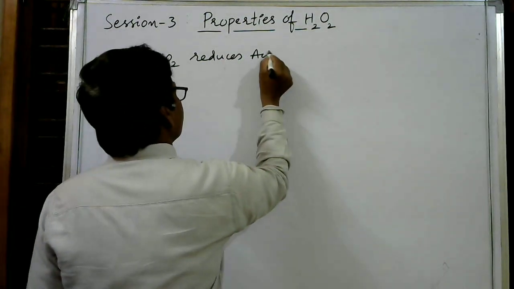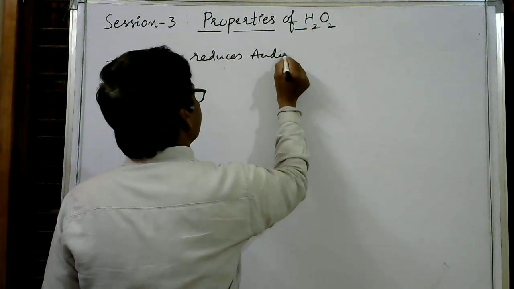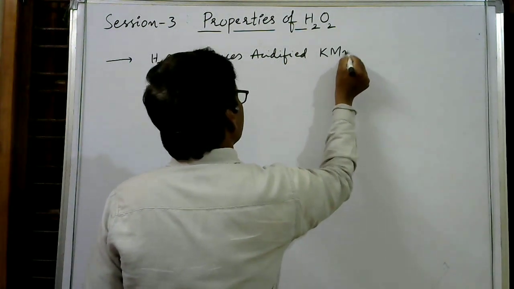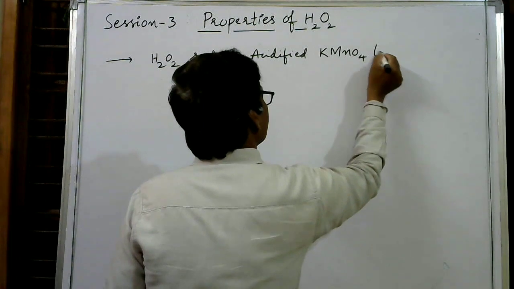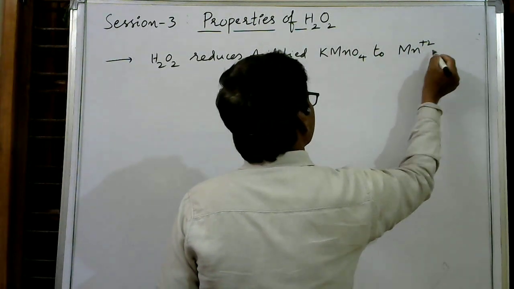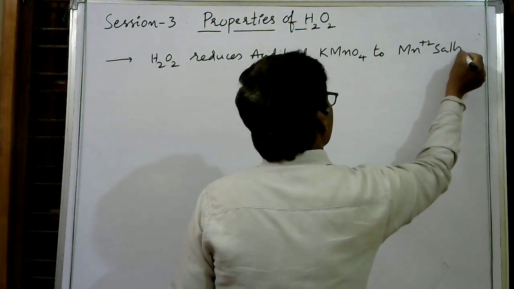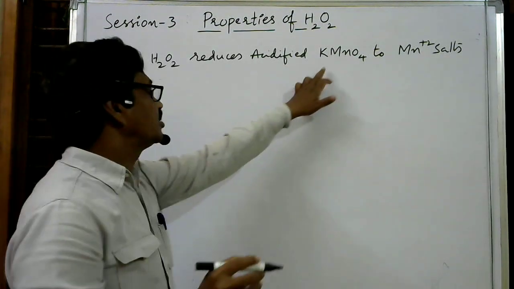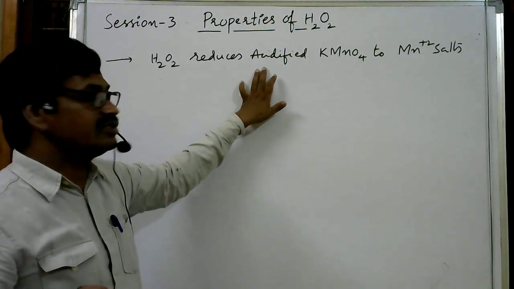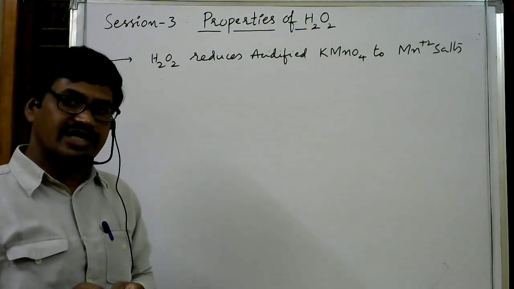Acidified, again we are taking support from acid. Acidified potassium permanganate, you should know the formula, is converted to manganese plus 2 salt, MnSO4, like Mn plus 2 salt. Here potassium is present, no? Potassium is converted to a potassium salt. Because acidified solution means here we should take sulfuric acid support.